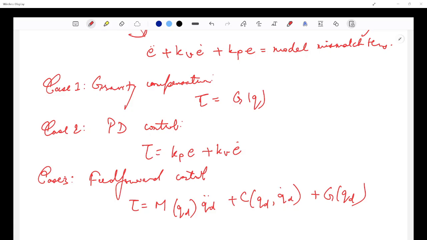Okay, now after this, there were some simulation studies which I'm not going to cover, but they were on a two-link planar robot that moves vertically. The observations were very clear, right?